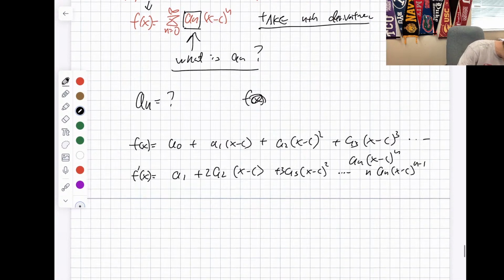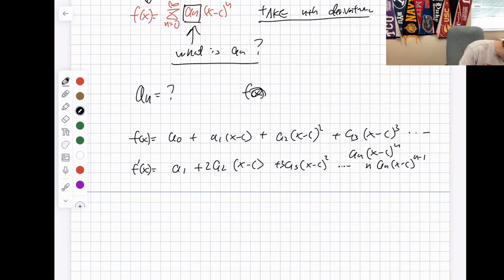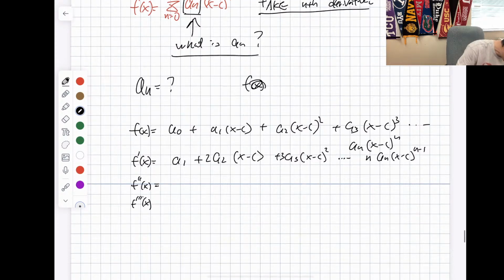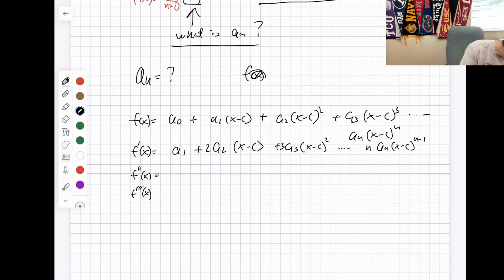Now if I keep on taking derivatives, imagine if I take the second derivative, imagine if I take a third derivative, what will happen? It would end up being n factorial times a to the n. Yes, you are a genius. f to the n of c is equal to n factorial times a to the n.